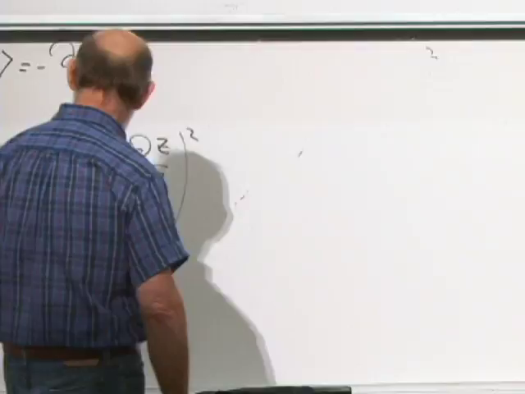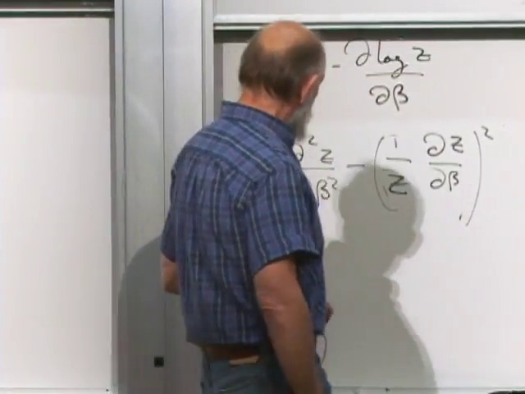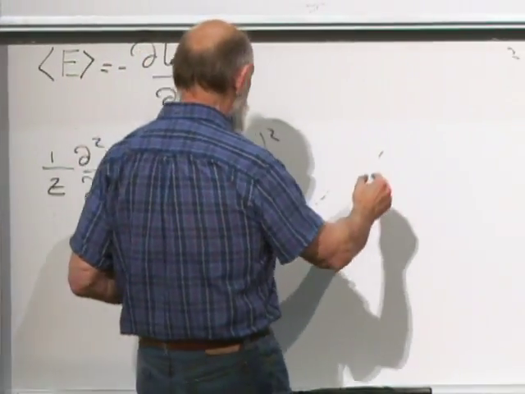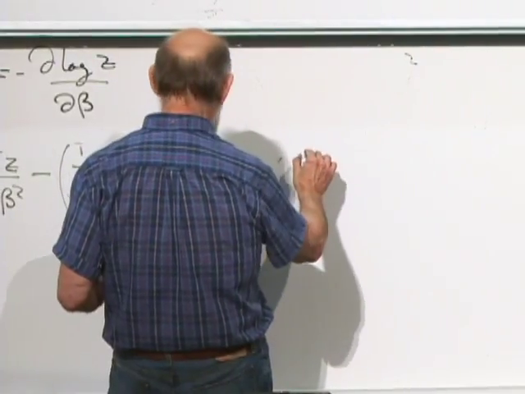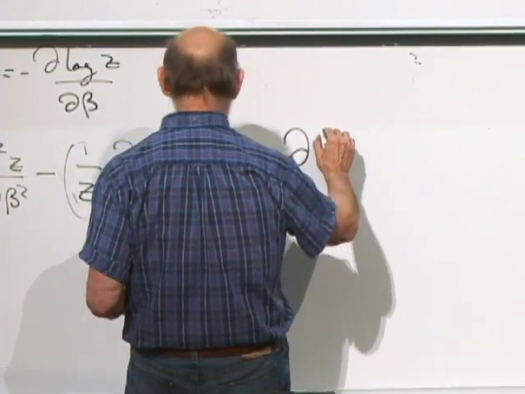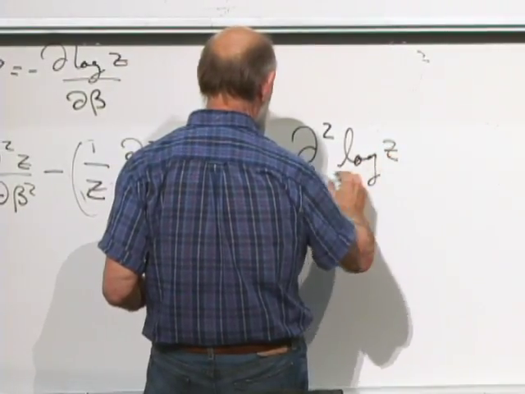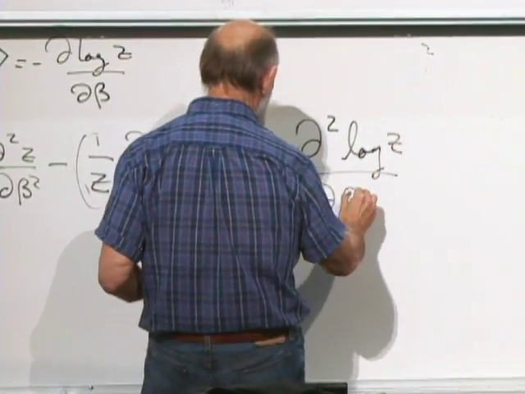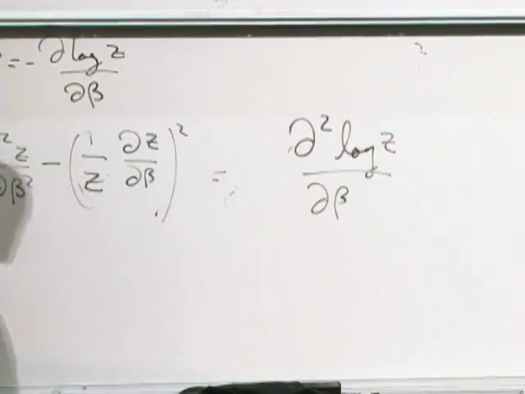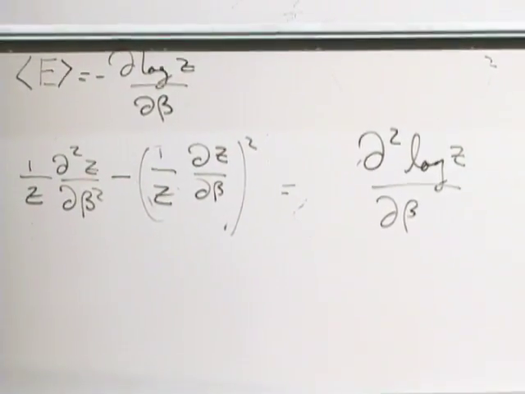Let's see. I think it's just the second derivative of log Z with respect to beta. Let's try it out and find out.